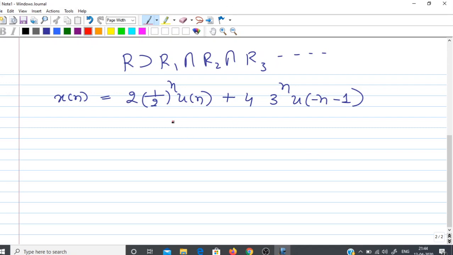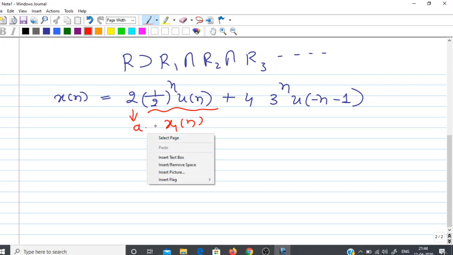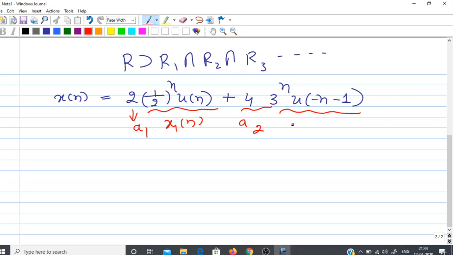So here this sequence is like x1(n), and this 2 is our a1. This 4 is a2, and this sequence 3 to the power n u(minus n minus 1) is our x2(n). So what is the Z transform of x1(n)?